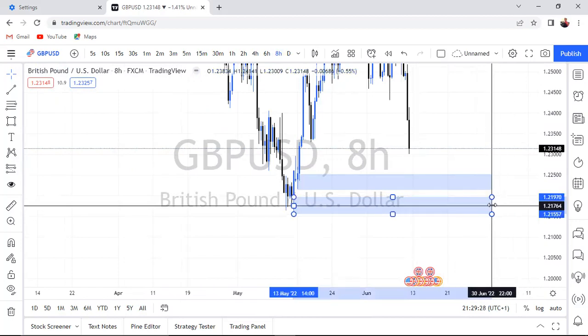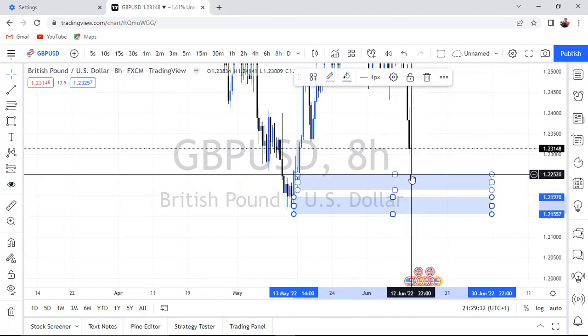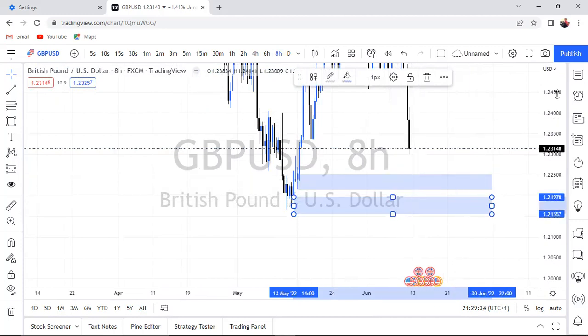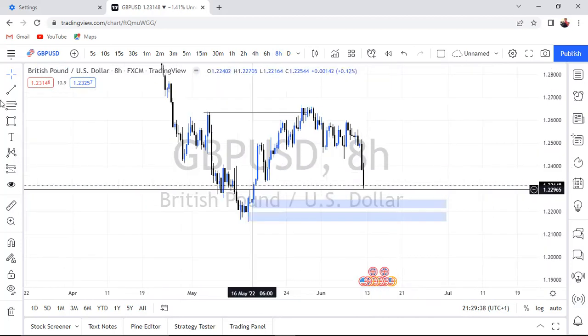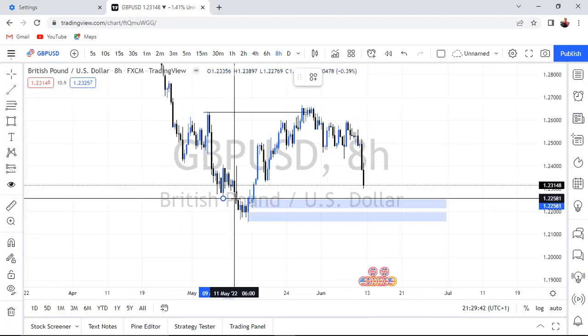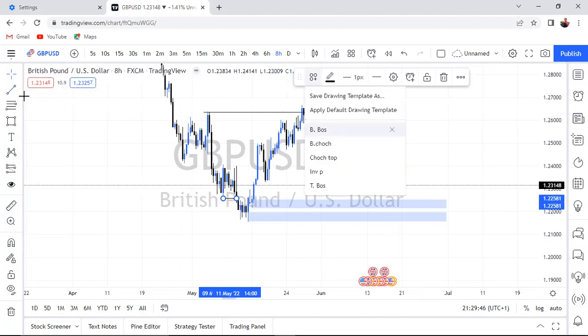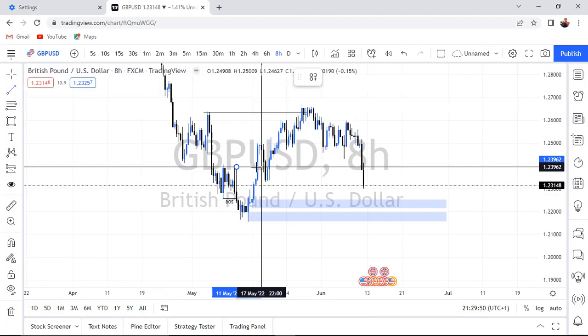So any form of reaction from this point down to this point, I'll start looking for entry, because even on this little time frame, without going to the daily time frame, this is a break of structure. And this is a valid change of character.